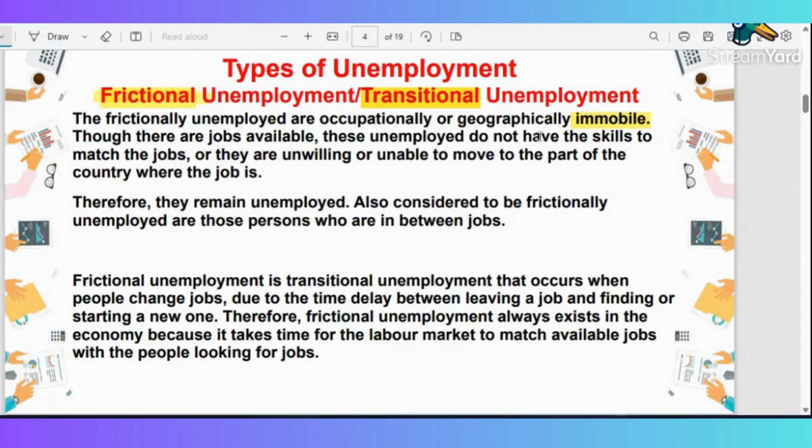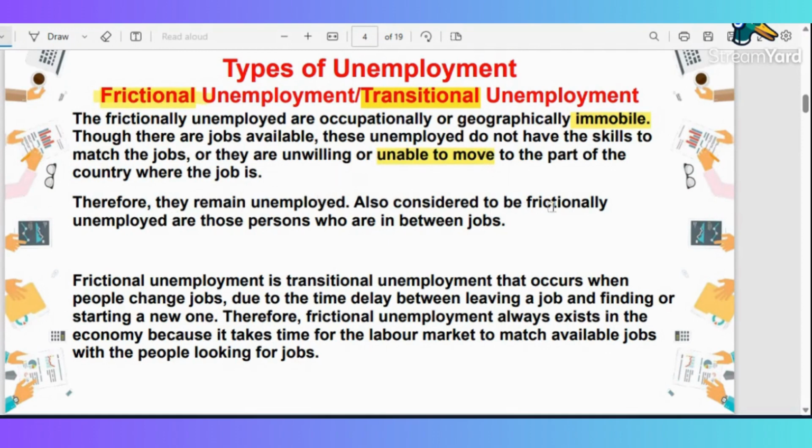As we were saying earlier, with frictional unemployment, you have the occupationally or geographically immobile. So based on where the job is in the country, the person may be unwilling or unable to move, so they are immobile, right? Therefore they remain unemployed.